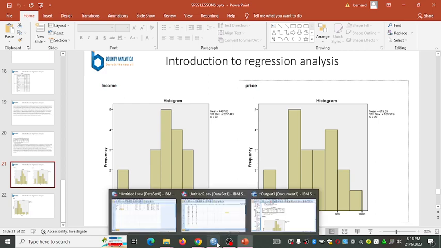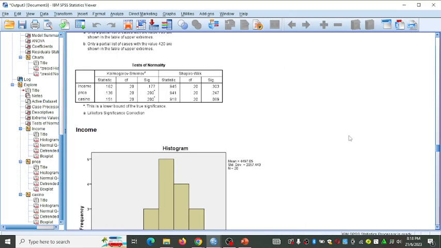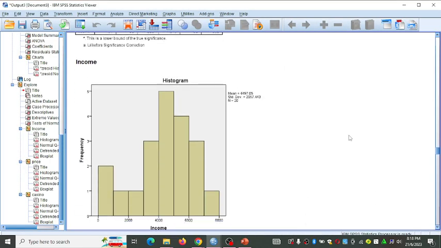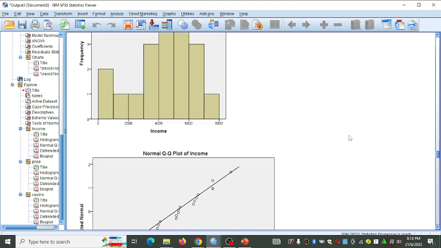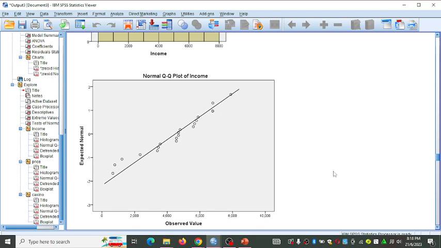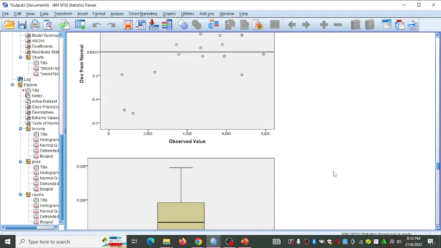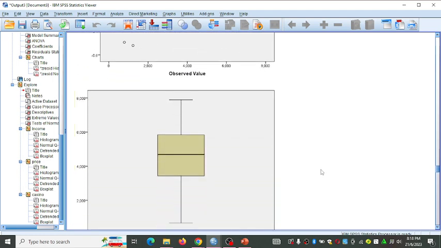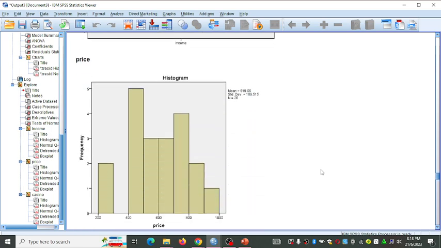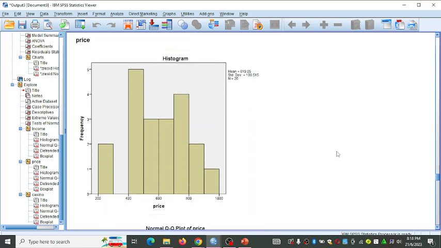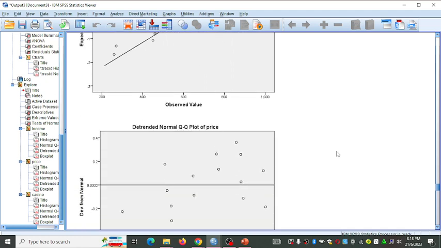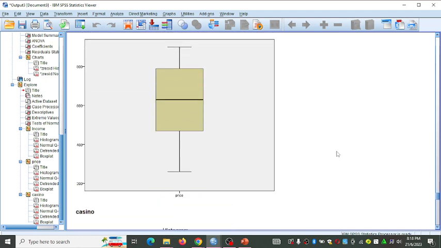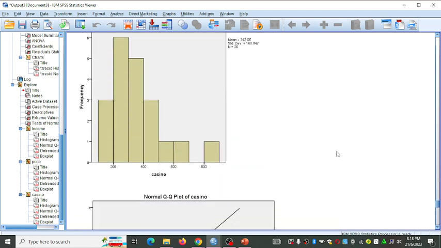Ziko hapa. For example, here for income there is a histogram, there is this normal QQ plot, this other one for outliers, then when you come to price you find its own here, then you come to casino.